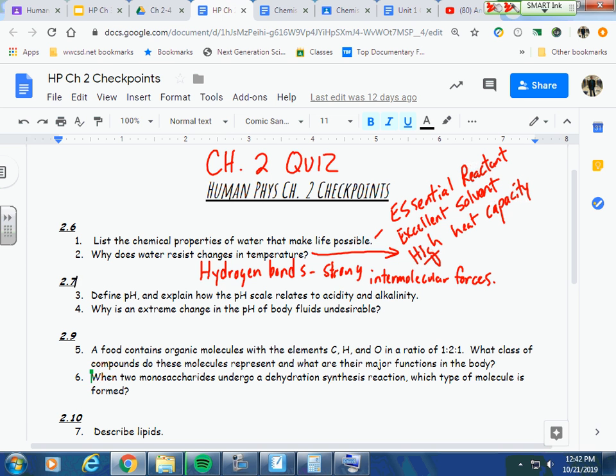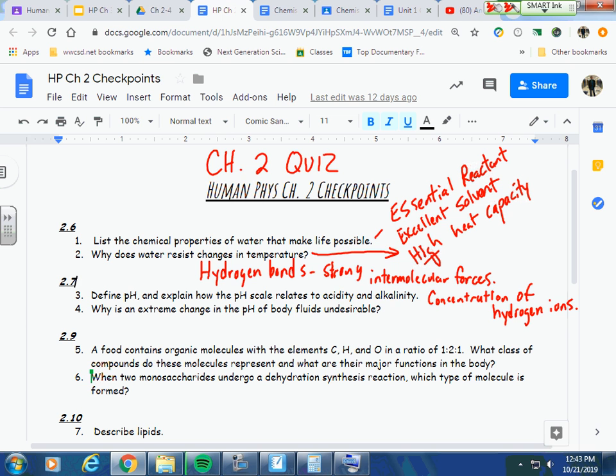All right. Number 3, define pH. We should know that pH is basically a scale that tells us the concentration of hydrogen ions, and it's actually an inverted or reciprocal scale.